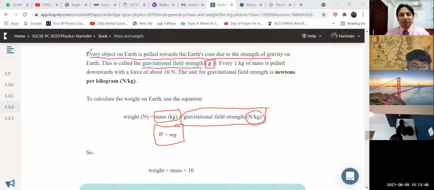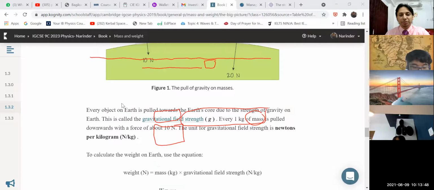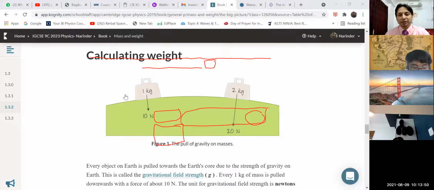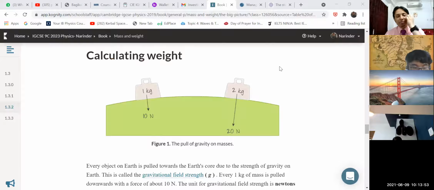Let me show one diagram, children. You see this picture here. On this diagram, we have two objects of different mass, 1 kilogram and 2 kilogram, and they are pulled by the force of gravity.